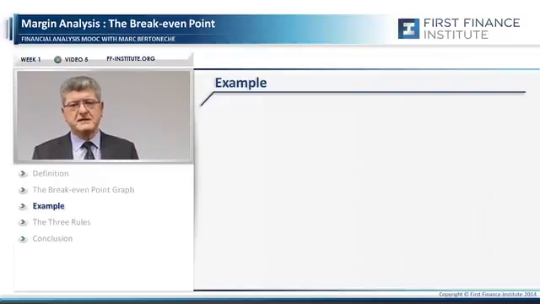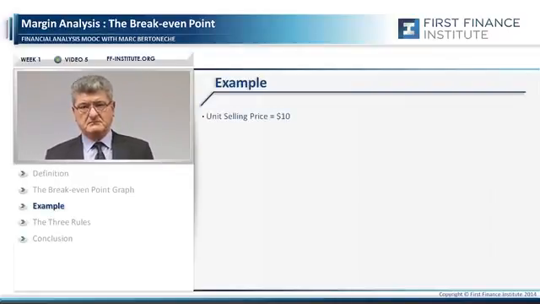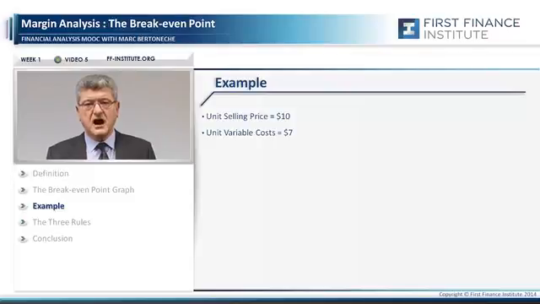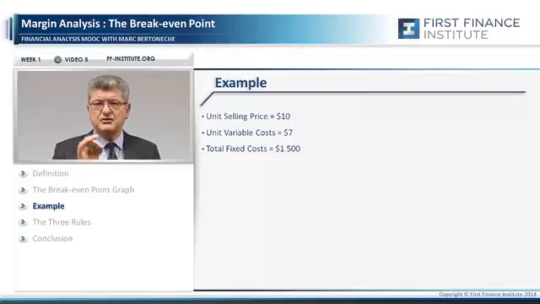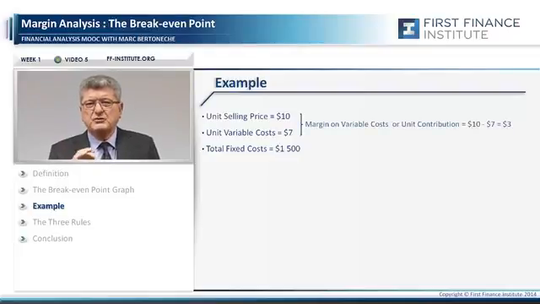Let's take a very simple example. I sell a product for $10 a piece. The unit variable cost is, for example, $7, and my total fixed costs are $1,500. Any time I sell a product, I generate a margin on variable cost, or what we sometimes call the unit contribution, equal to $10 minus $7, so $3.